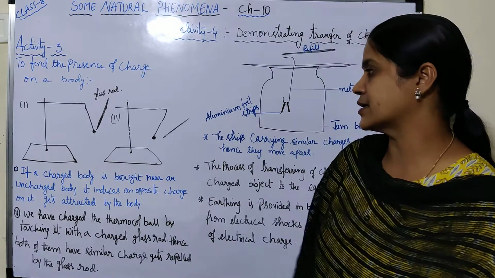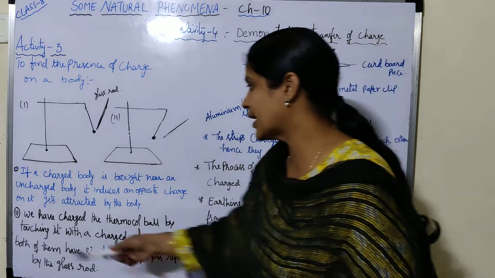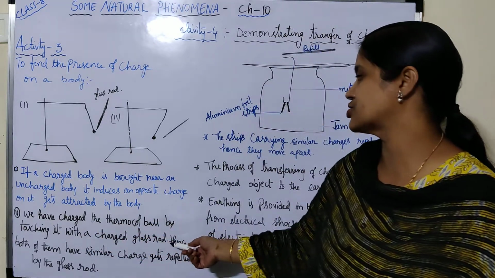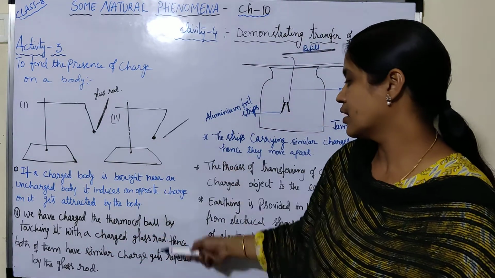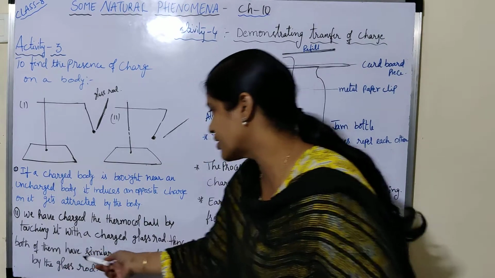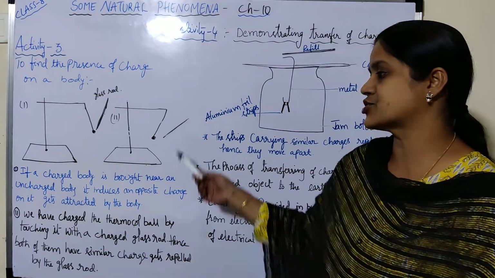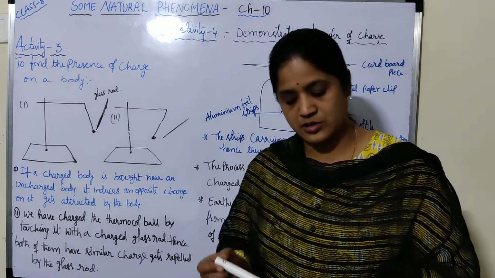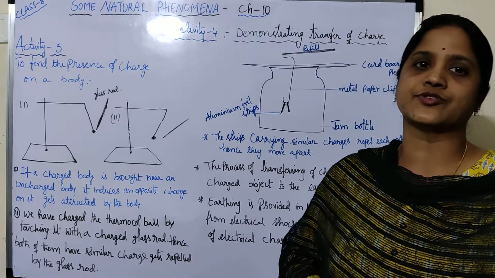In the second case, we charged the thermocol ball by touching it with a charged glass rod. Then both of them have a similar charge and the ball gets repelled by the glass rod. Both have the same charge, so they repel each other.